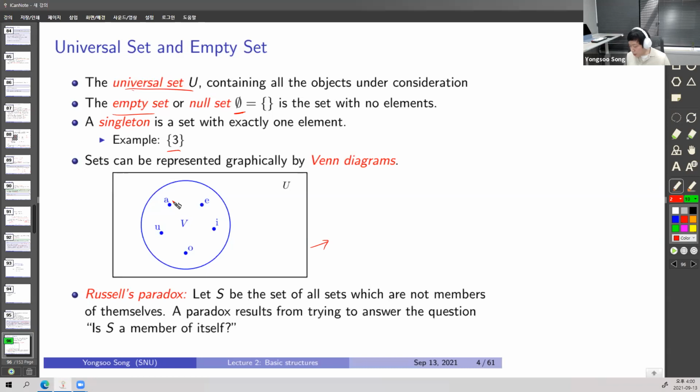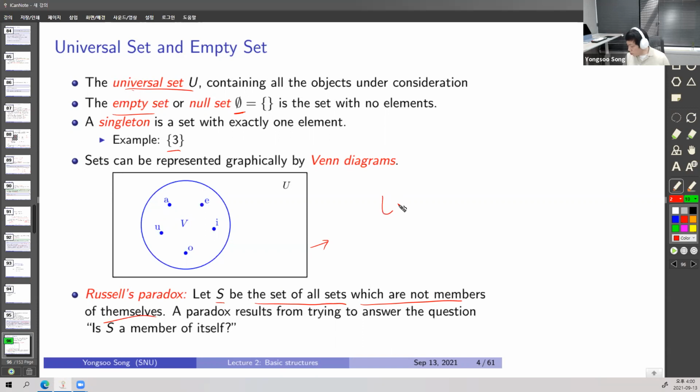And here's Russell's paradox, which is related to the definition of a set. Suppose that we can define the set S as the set of all sets which are not members of themselves.